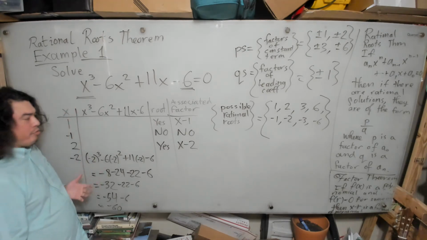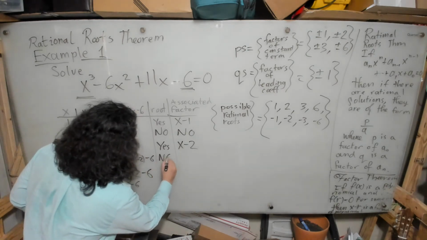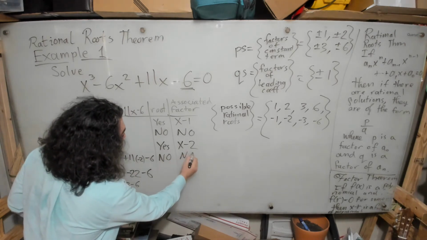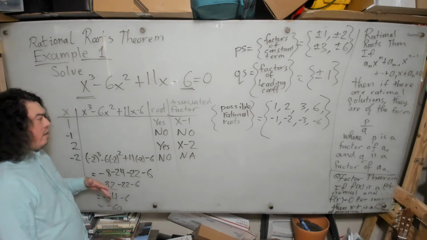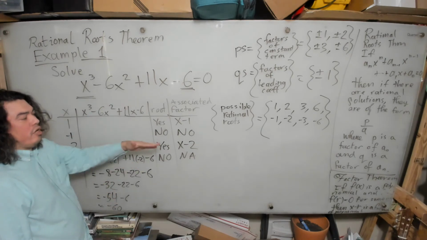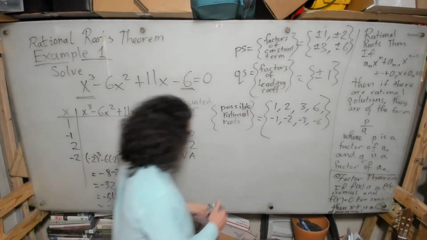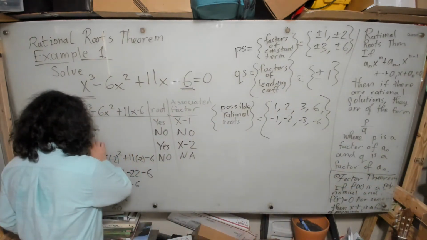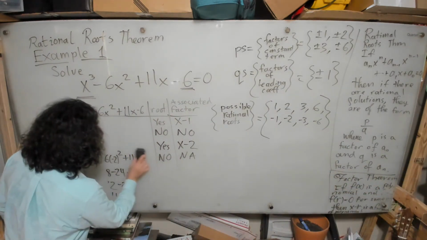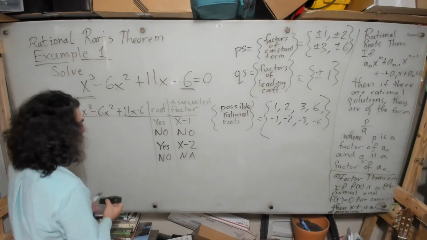Is it a root of the polynomial? No, it is not. So this is not applicable, because you need to have a solution of this equation for there to be a factor of the polynomial. And so now let's try x equals 3.